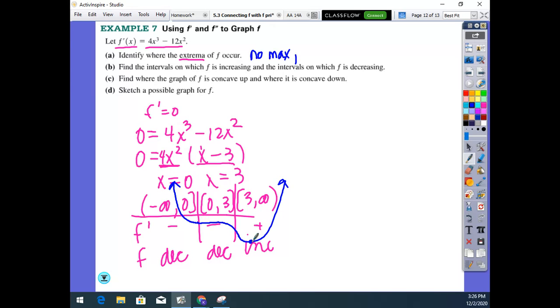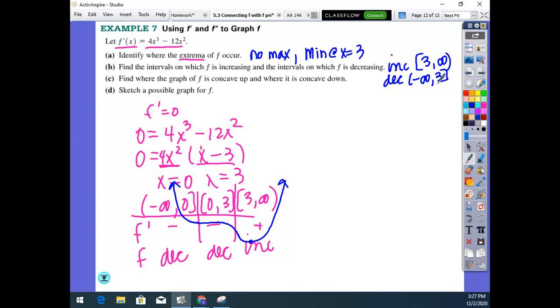This, though, we've got a min at x equals 3. So the intervals where it's increasing and decreasing: it's increasing from 3 to infinity. Decreasing from negative infinity to 3.